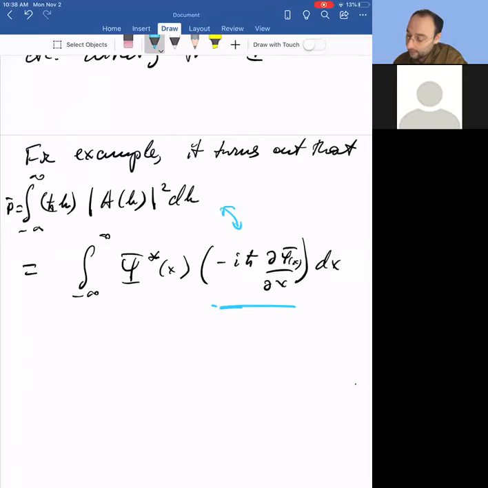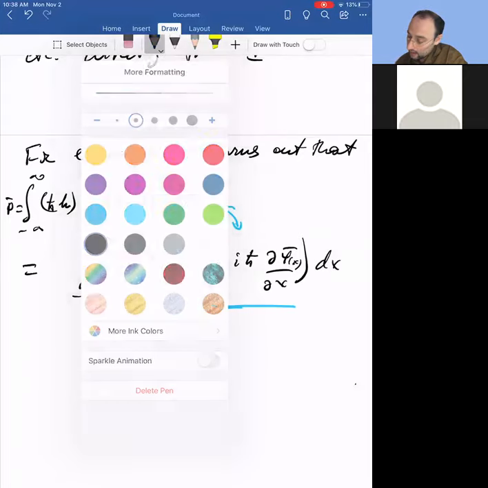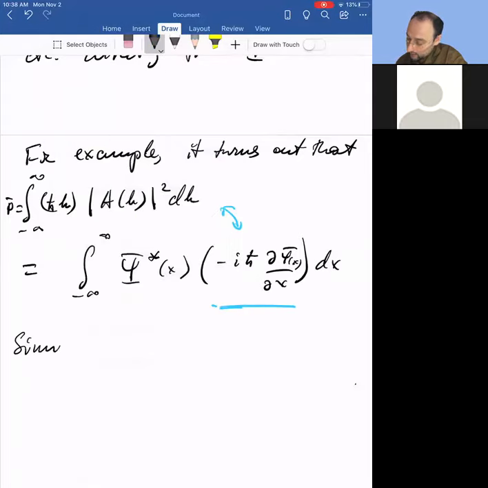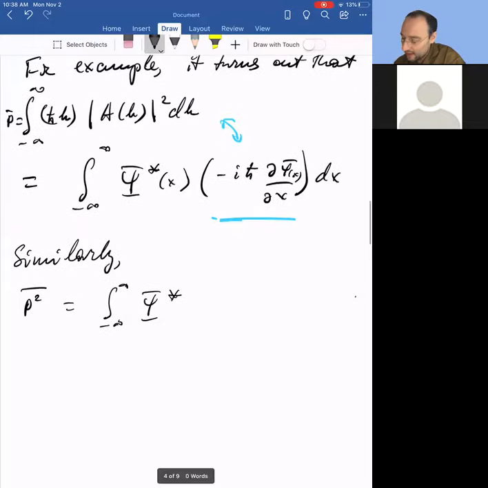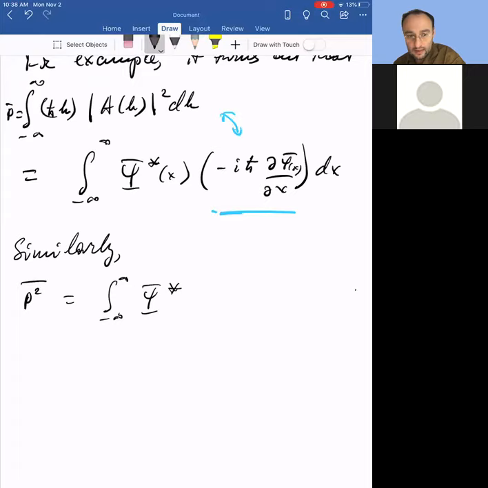And similarly, the average of the square of the momentum is given by, I'm not going to write the fact that psi star depends on x. I will suppress mentioning the argument of the psi, but it's understood what this means.